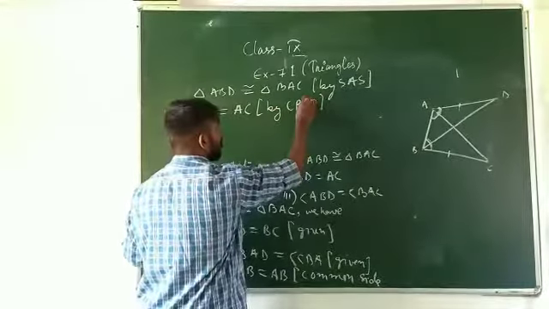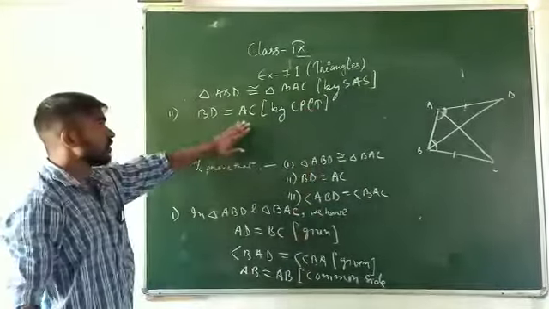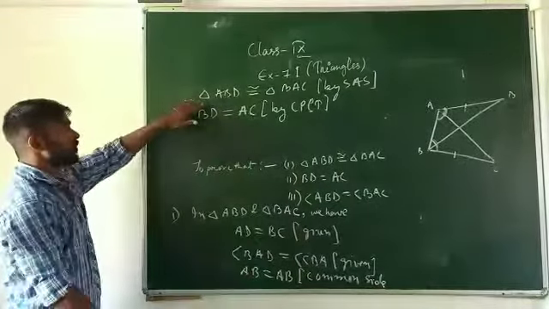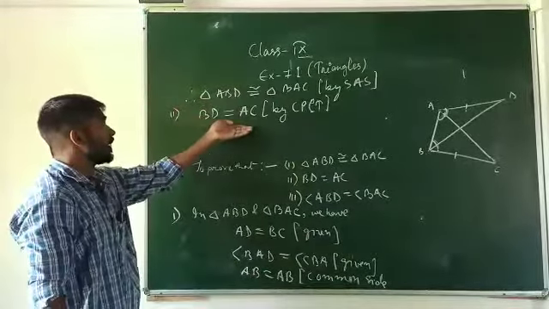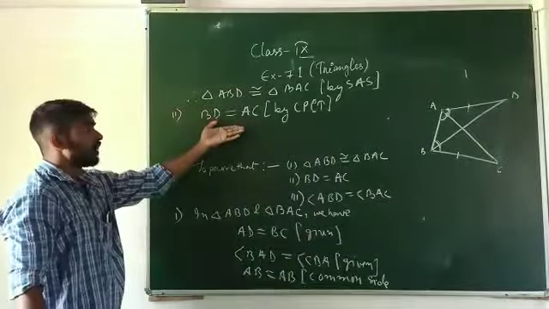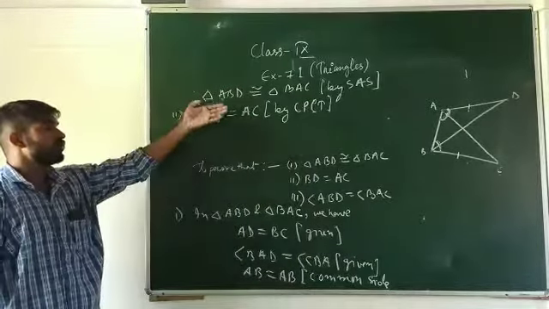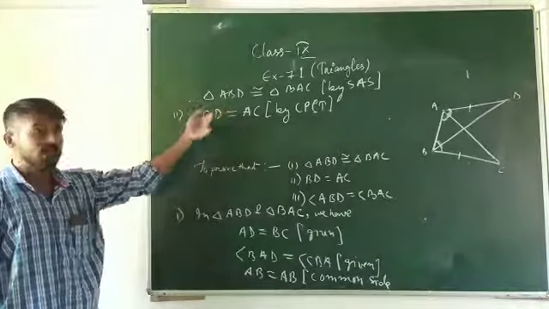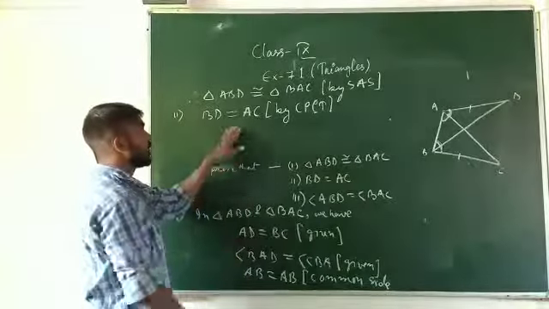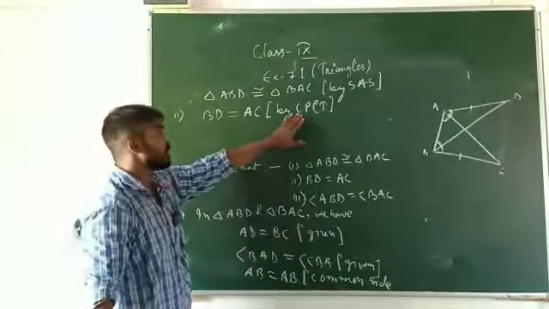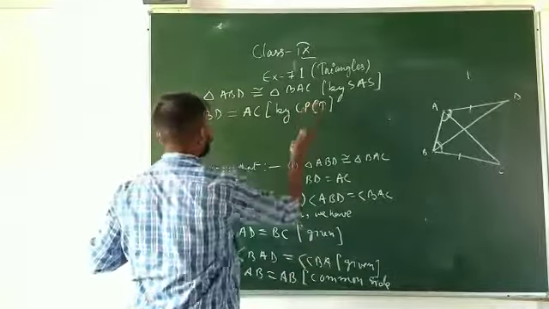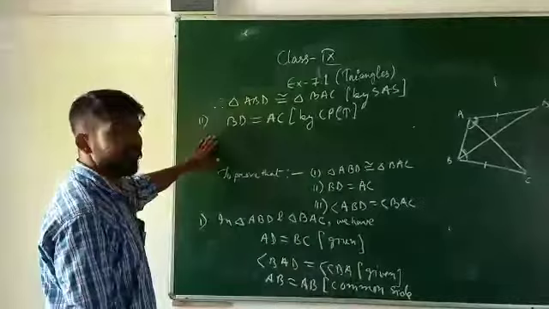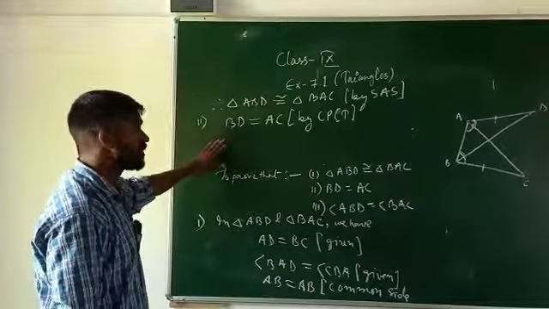CPCT, I hope everyone knows, corresponding parts of congruent triangles. As we have proved the two triangles congruent, and the parts BD and AC belong to the two triangles which I have already proved congruent, these two sides are equal by CPCT, that is corresponding parts of congruent triangles. Okay, Roman 1 and Roman 2 are over. I hope everyone has understood.